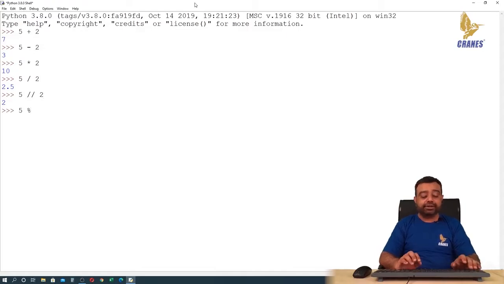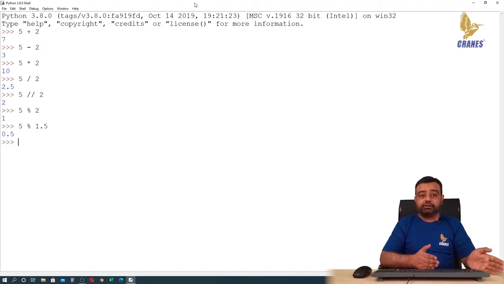The modulus symbol gives me the remainder. 2 2s are 4 and the remainder is 1, so 5 mod 2 is 1. The modulus operator can be applied on floating point values also in Python. For example, I'd like to write 5 mod 1.5. 1.5 ones are 1.5, 1.5 2s are 3, then 1.5 3s are 4.5, so the remainder is 0.5.